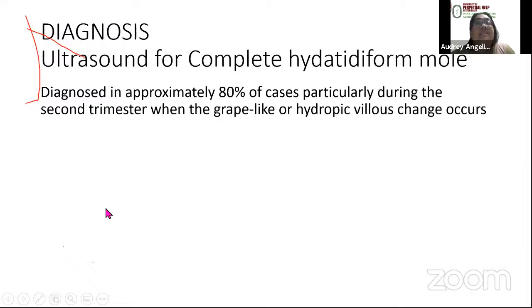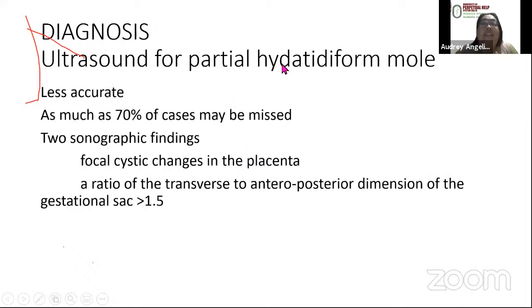A complete hydatidiform mole is diagnosed through ultrasound in 80% of cases, particularly during the second trimester when the grape-like or hydropic villus change occurs, described as a ground glass appearance.